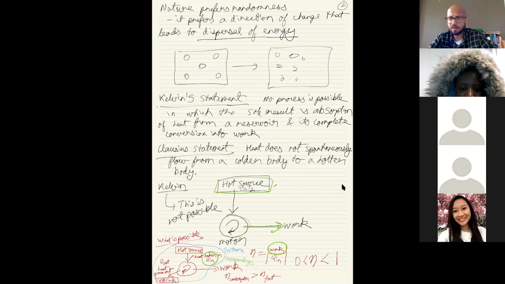So at this point, we had not yet talked about entropy. Then we introduced the notion of entropy. This is not third law of thermodynamics. This is the third statement of the second law.